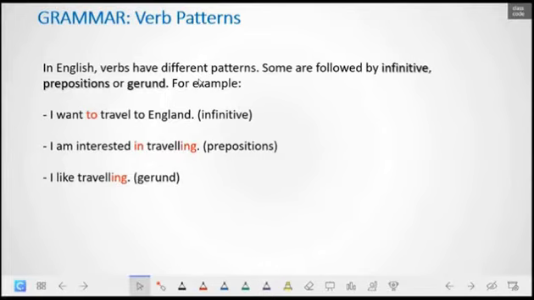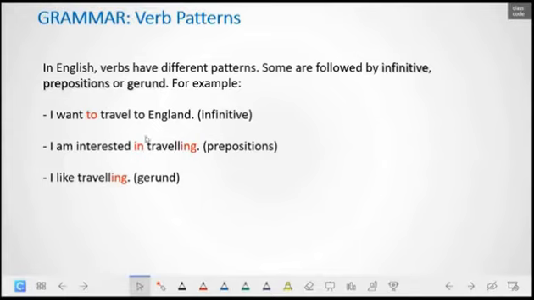All right. Now the second pattern is prepositions. Prepositions are words like in, on, at, from, between. So these are called prepositions. An example: I am interested in traveling.